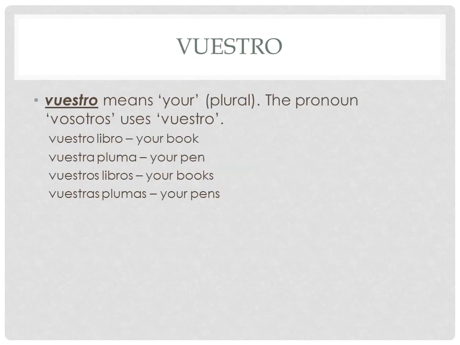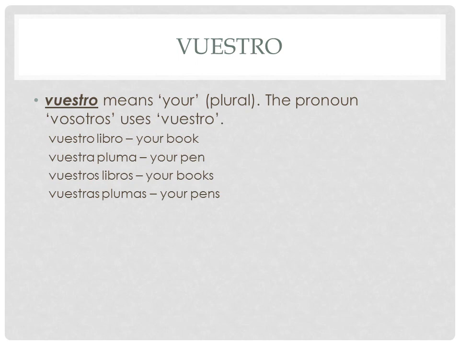So now let's look at vuestro. Vuestro follows the same rules as nuestro. First of all, vuestro means your in the plural. Now, vuestro is used for vosotros. So when vosotros is being used, you're going to use vuestro as the possessive adjective. It applies the same rules. For example, vuestro libro, your book. Masculine singular, masculine singular.